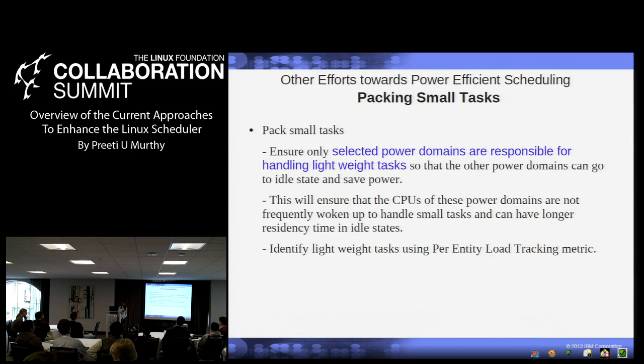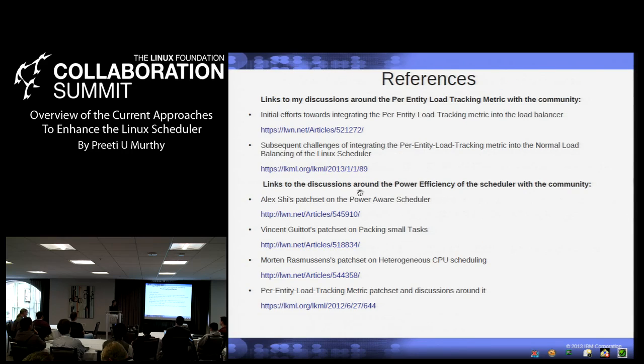The essence of the scheduling of this patch set is that you identify certain power domains as taking on the responsibility of running short tasks, so that the other power domains can be put to sleep all the time. So some power domains are only responsible while the rest are not. By doing so... how do you identify short running jobs? Again, it is through Paul Turner's metric. So this is another effort which is being made in this direction.